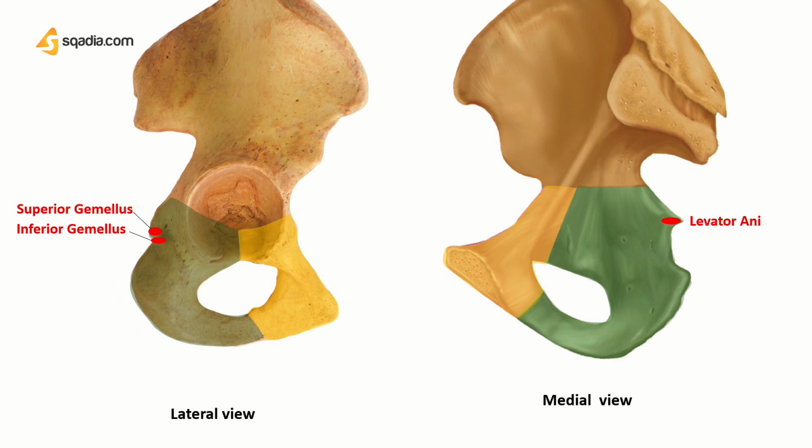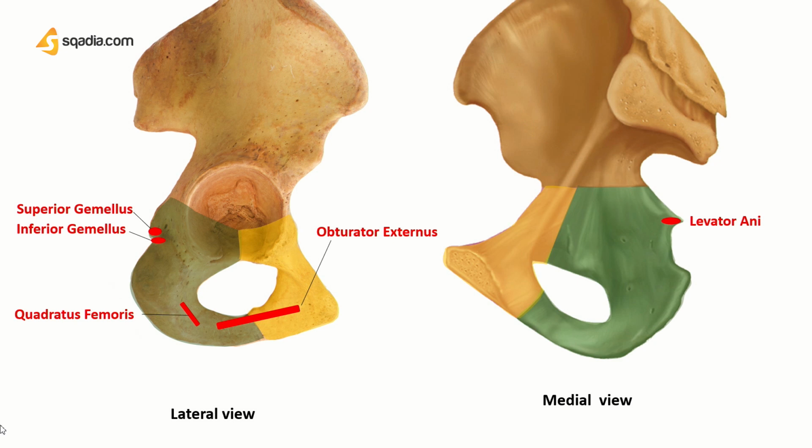The femoral surface of the ischium provides origin to the obturator externus along the margin of the obturator foramen and to the quadratus femoris on the upper part of the ischial tuberosity. Now remember, both of these muscles are the external rotators of the thigh when the hip joint is in the extended position.